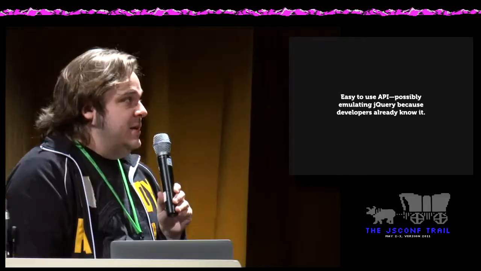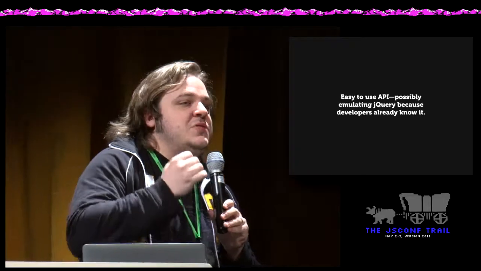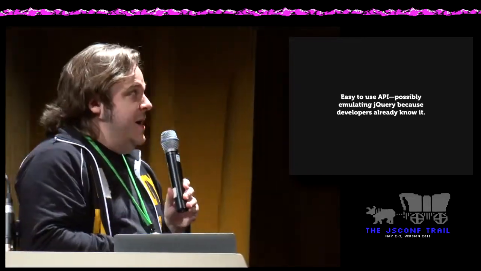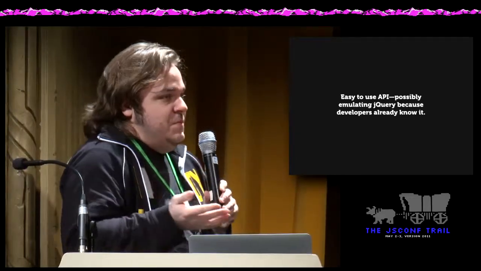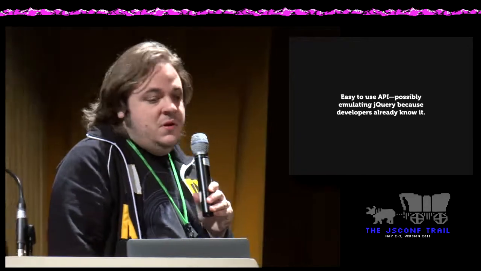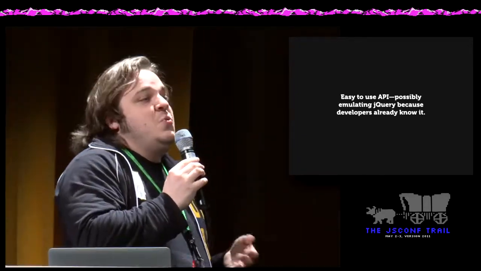Another goal would be an easy-to-use API in your mobile framework, for example by emulating jQuery, because developers already know it and like it. It's a good API for DOM manipulation, so why not use that? There's no reason to reinvent the wheel.